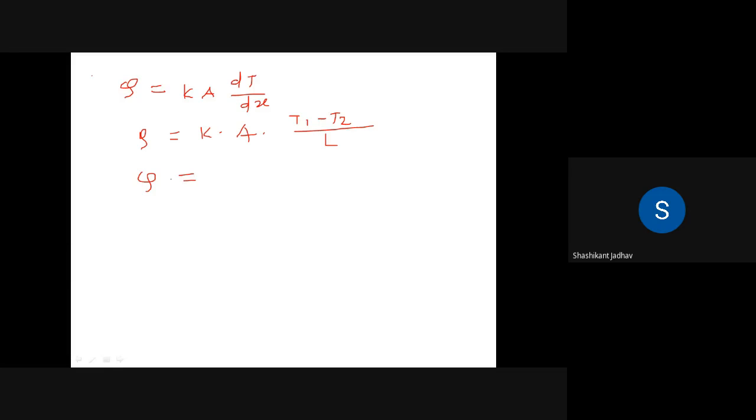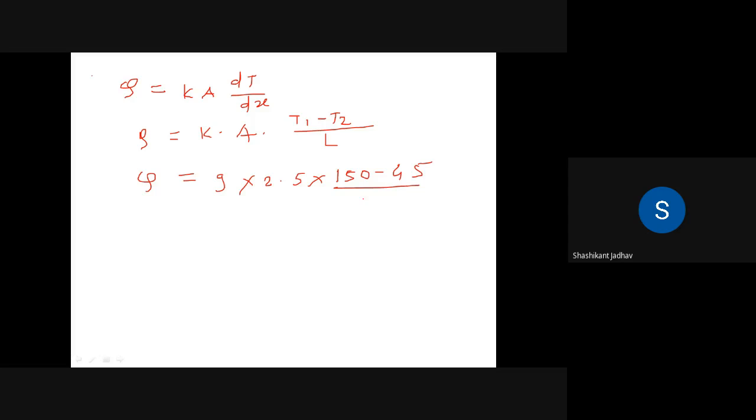So Q is equal to, what is the value of K? K is given as 9, area is given as 2.5, then T1 minus T2, that is 150 minus 45, divided by thickness.